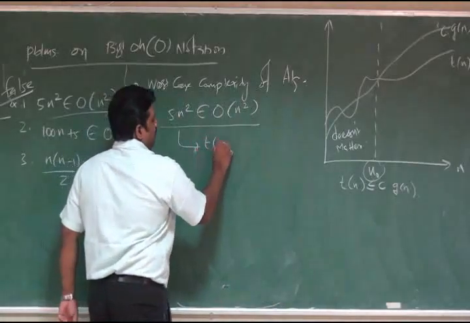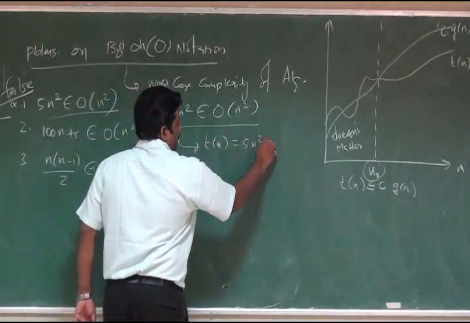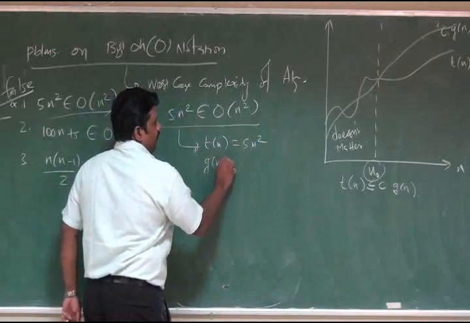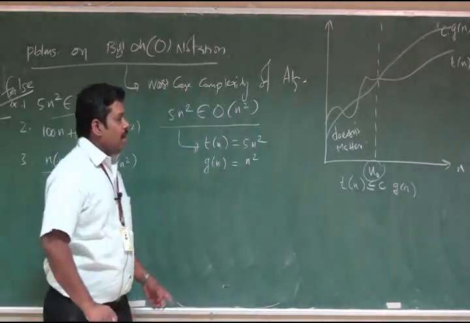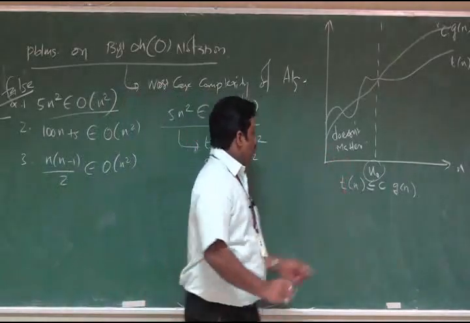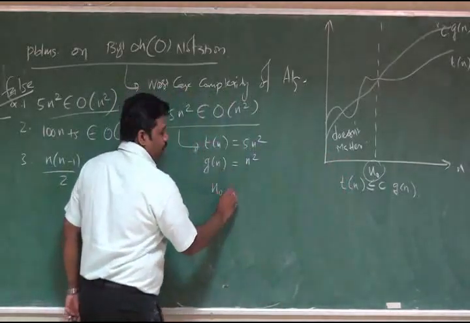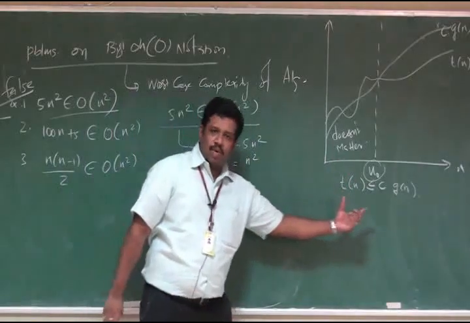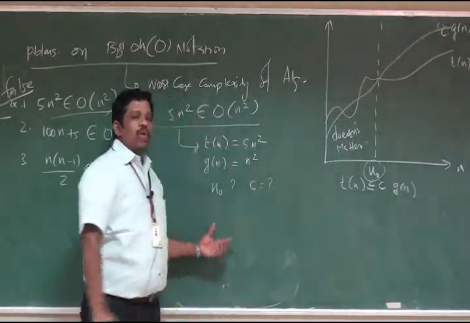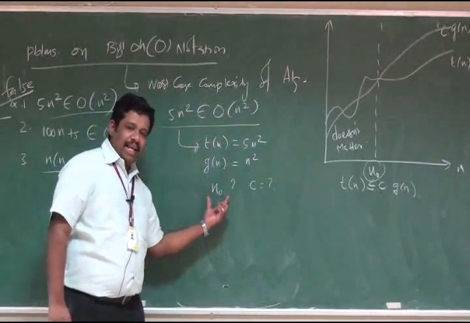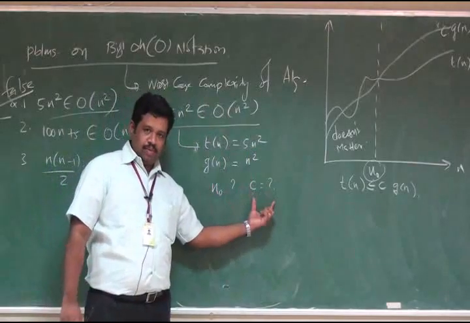So T of n is 5n square, G of n is n square. Okay, so we are supposed to determine what is n naught, the break even point in which the given expression is true, and next, what is the value of the constant. So you are supposed to determine what is the break even point and what is the constant value.